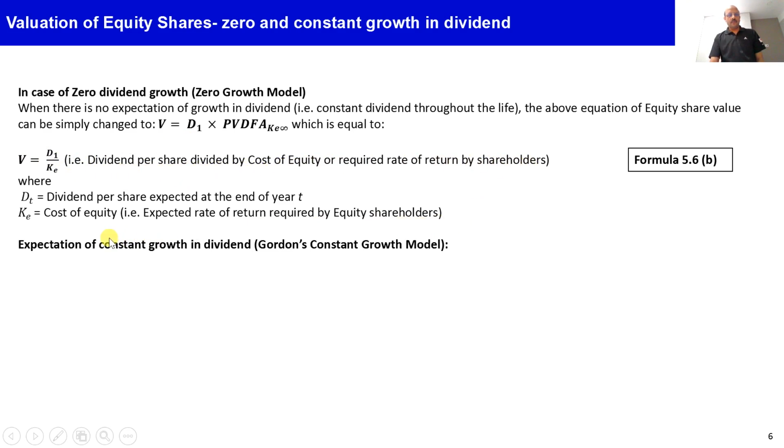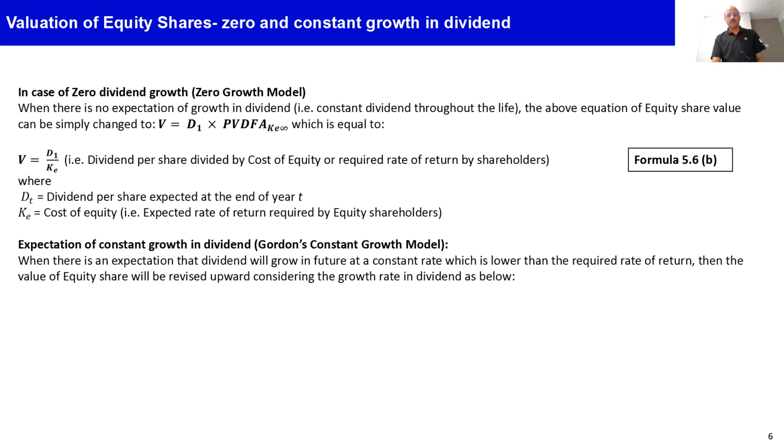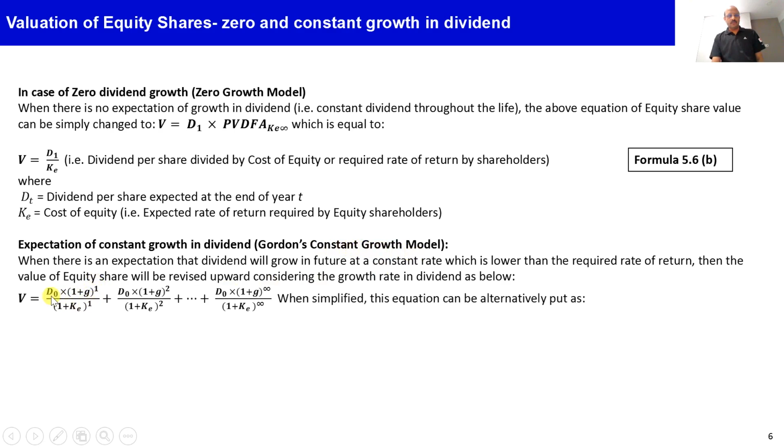Now, when there is a constant growth expected in dividend, it is called the constant growth model. This was proposed by Gordon. So it is called Gordon's constant growth model, and the formula becomes D0 times (1 plus G) raised to power 1, where G is the growth rate expected in the dividend.